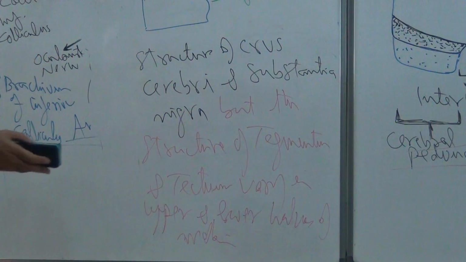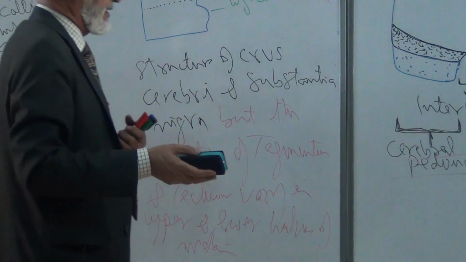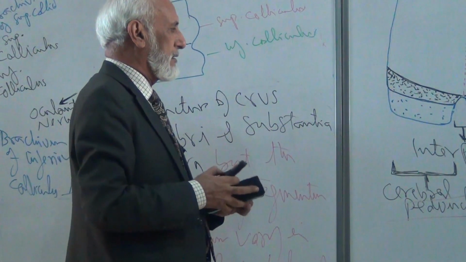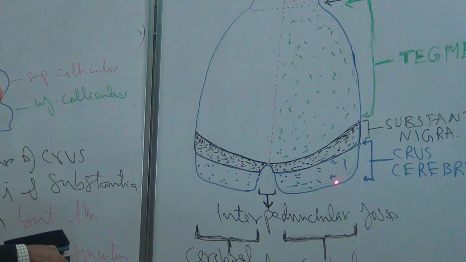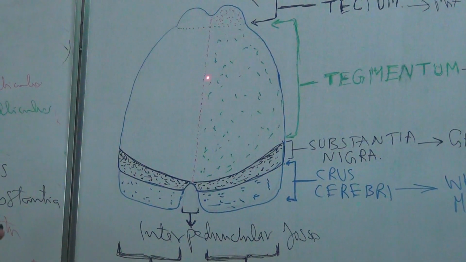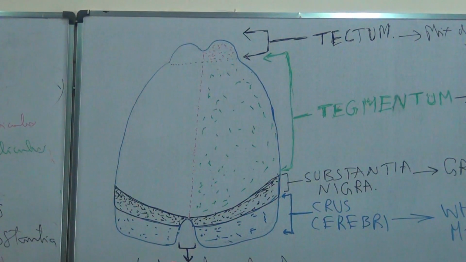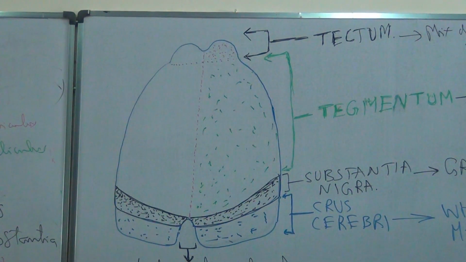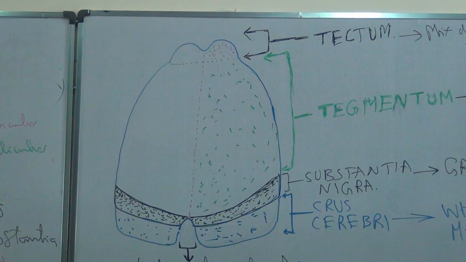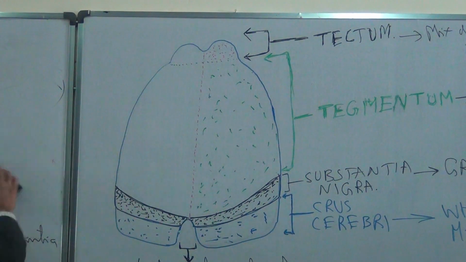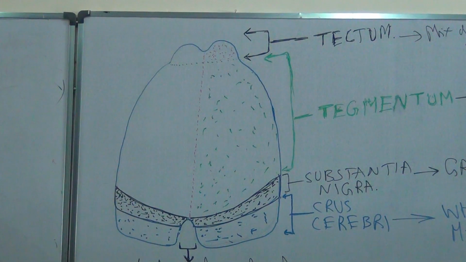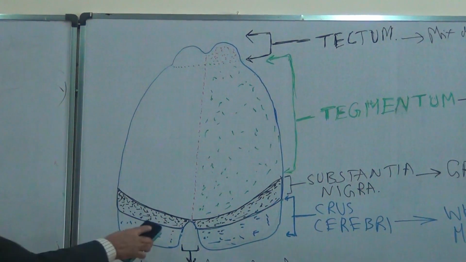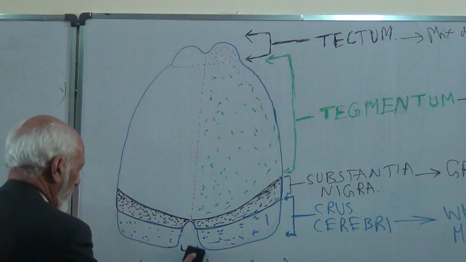Now we will discuss the internal structure, the structure of the crus cerebri, substantia nigra, the tegmentum and tectum. Now, first of all, what is the structure of crus cerebri?